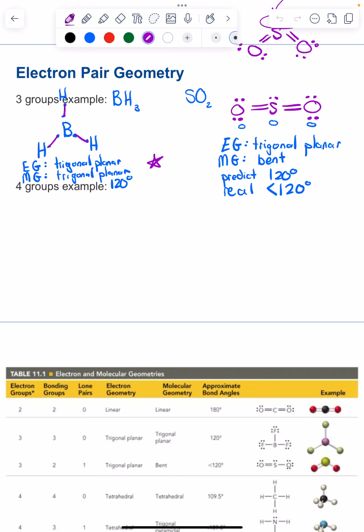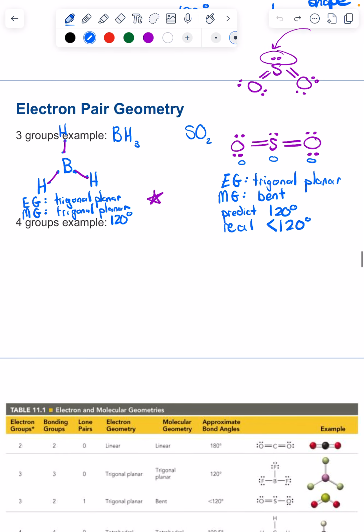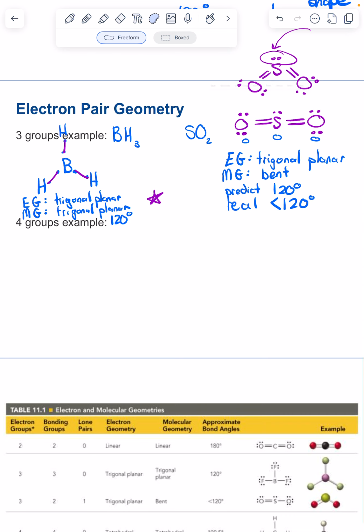Okay, so here are our actual examples that we're going to consider. We're going to look at CH4, NH3, and H2O.